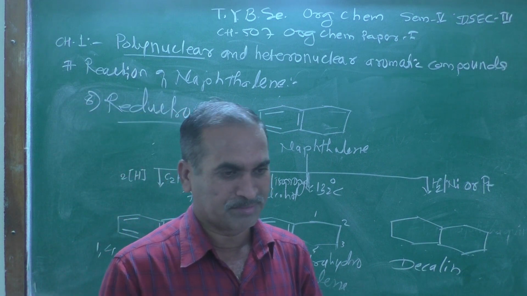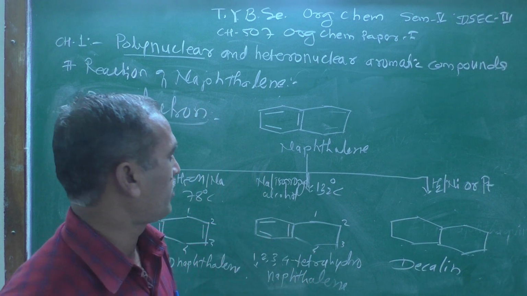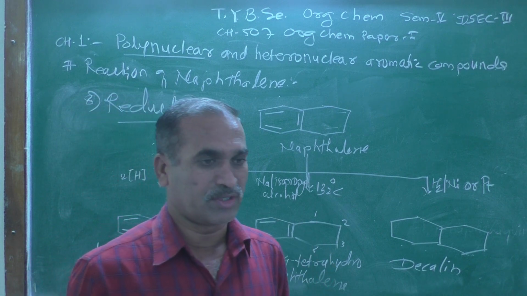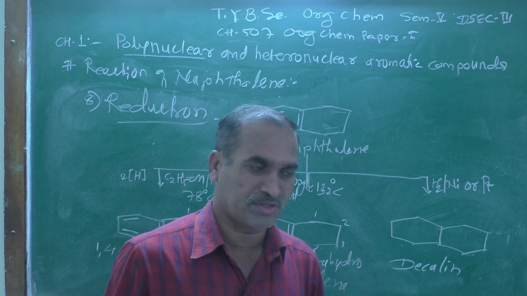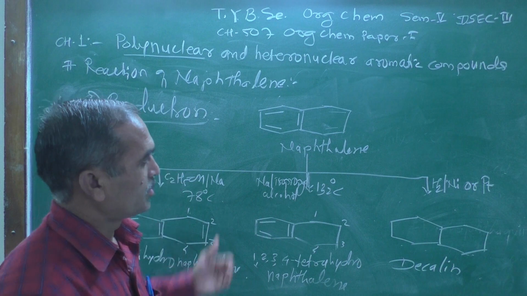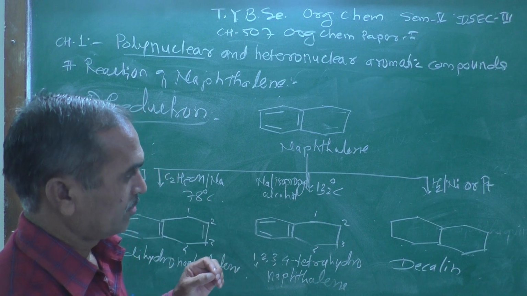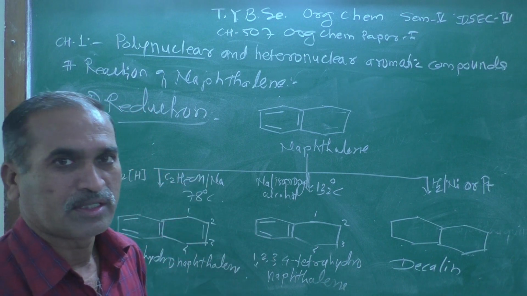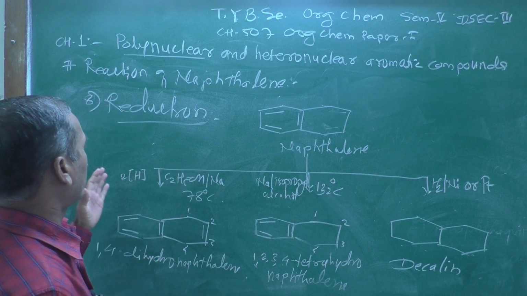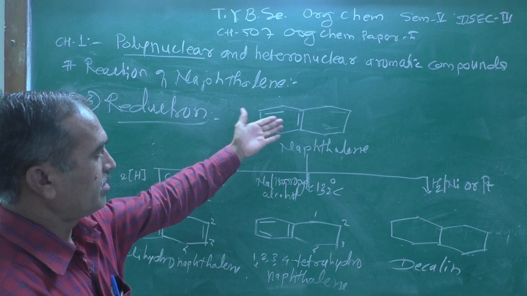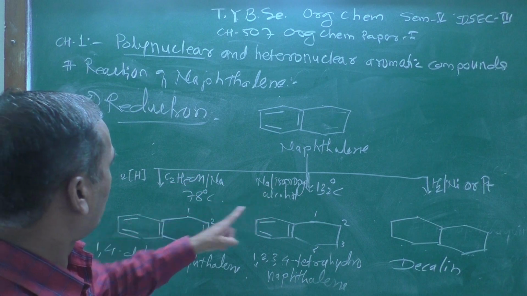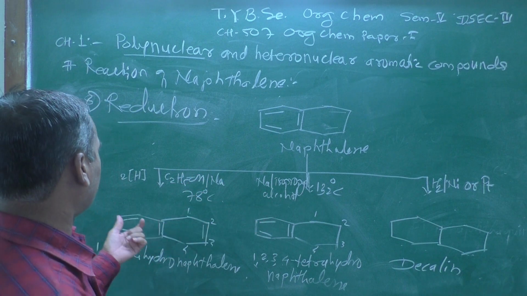How naphthalene can be reduced in different ways by using a proper reagent and maintaining the proper reaction conditions, to get the desired products that you can see over here. So here is naphthalene. I have represented it here on the blackboard, and there are three different ways.